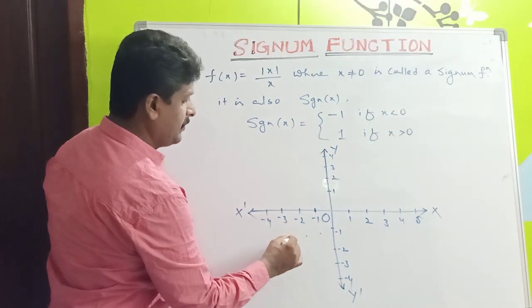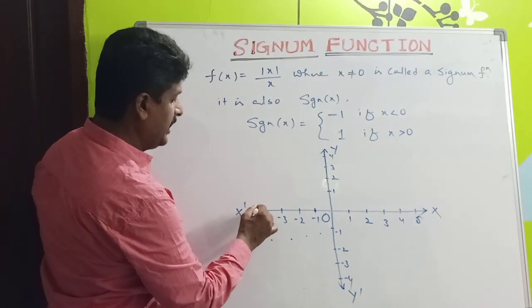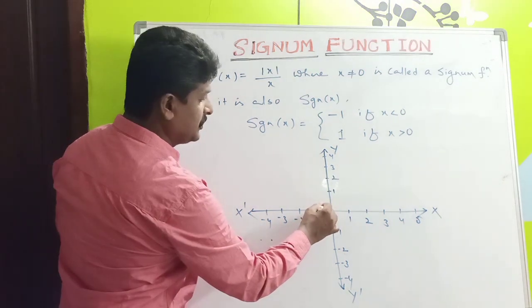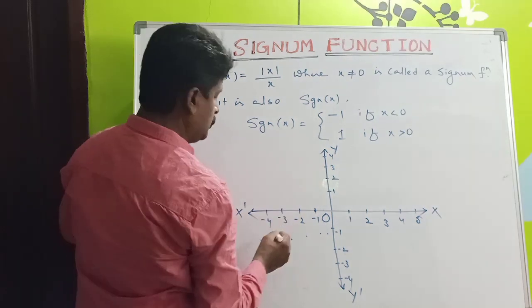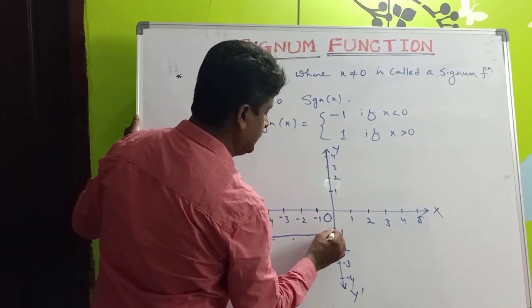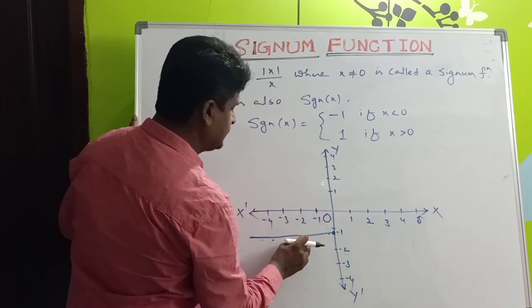Minus 3, minus 1. Minus 4, also minus 1. Minus 4.5 is also minus 1. Minus 0.3 is also minus 1. So this is the graph whenever x is negative. It does not exist at 0.